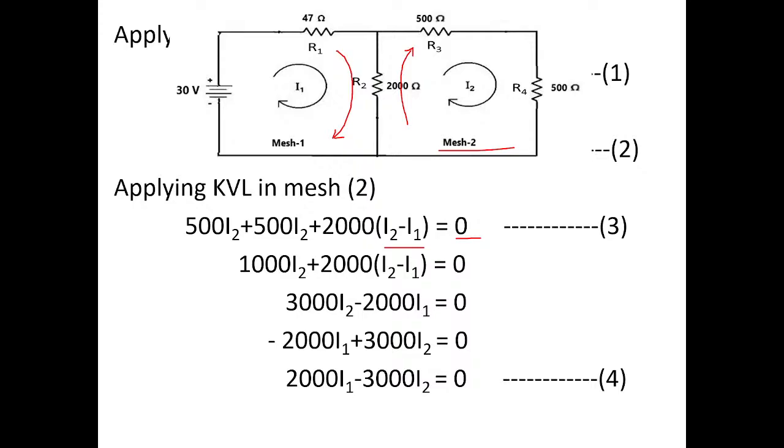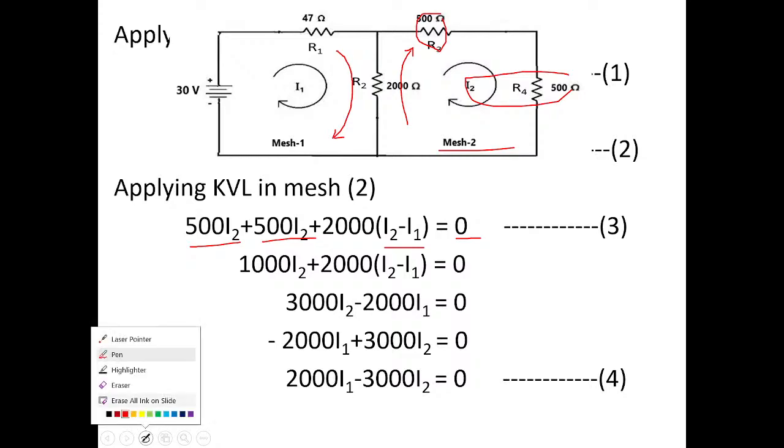So what is the KVL equation for mesh 2? 500 into I2 plus 500 into I2 plus 2000 into I2 minus I1 equal to 0. This is our equation.